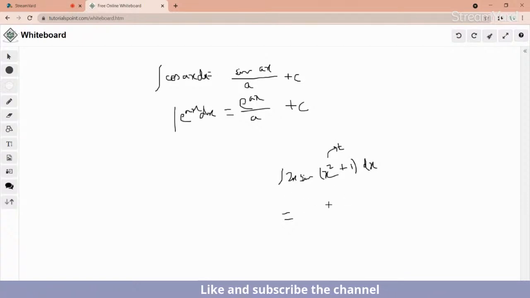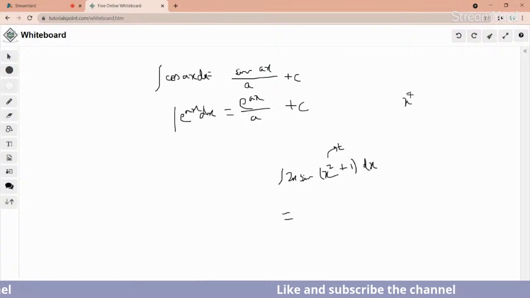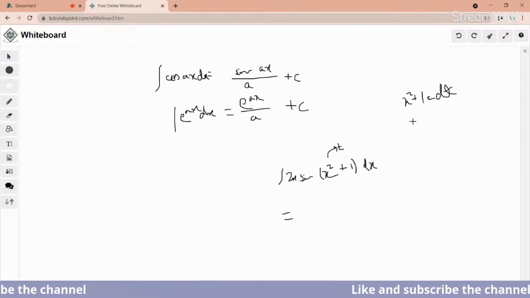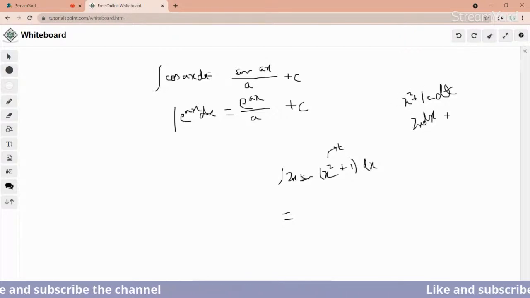So it will be sin t. Now differentiate: x square plus 1 gives t. The differentiation of the constant 1 is 0, but the differentiation of x square is 2x dx, and it is equal to dt.